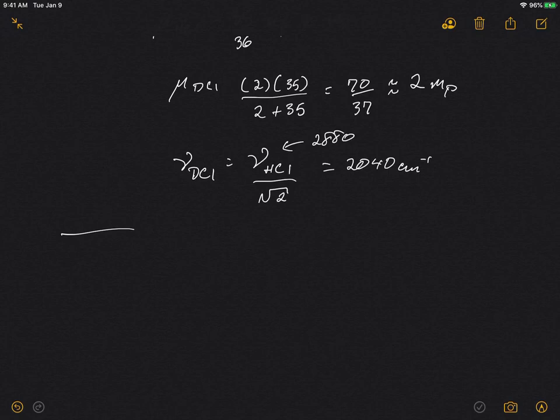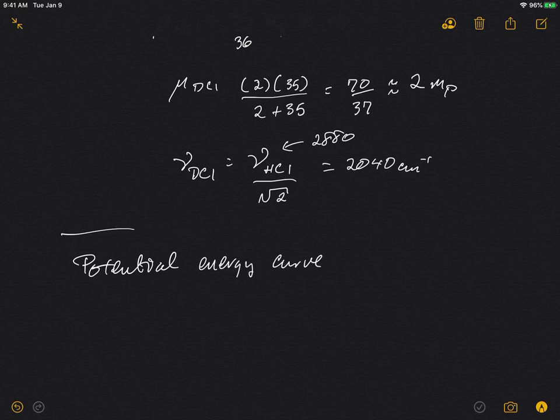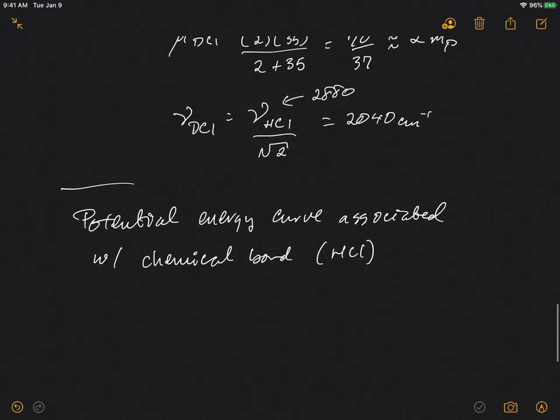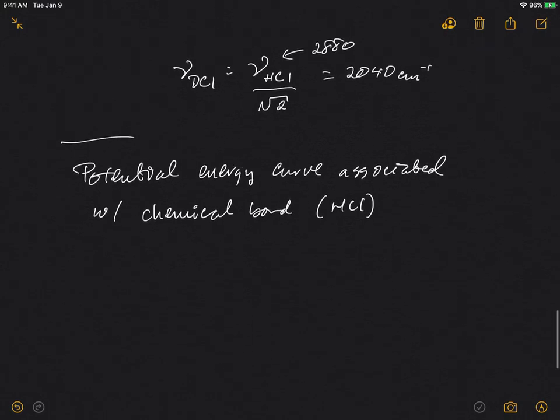Okay, so let's look at the potential energy curve associated with a chemical bond, such as HCl. So we know that HCl, at least in the vapor phase, has a covalent bond. It dissociates in solution.